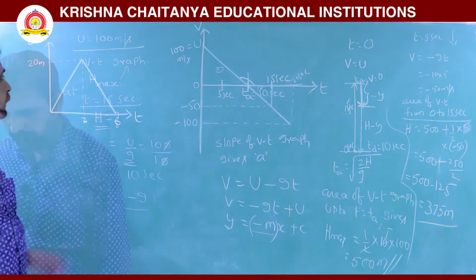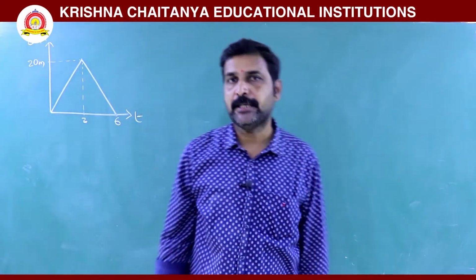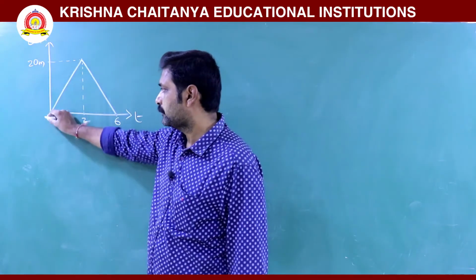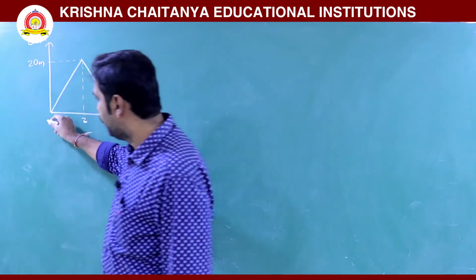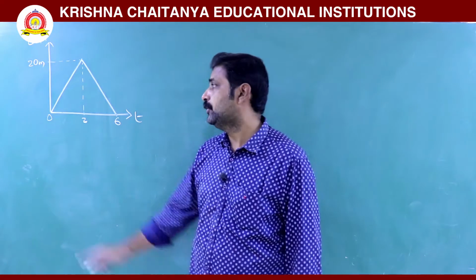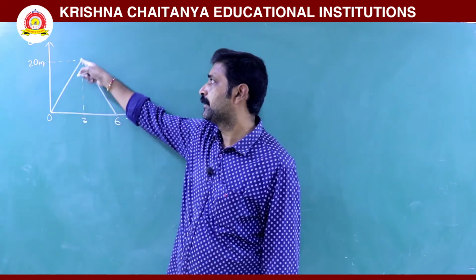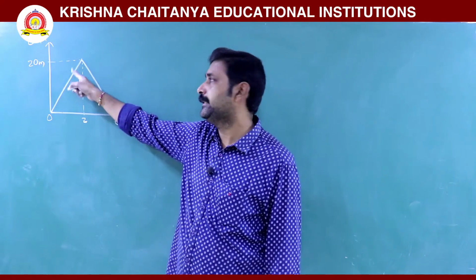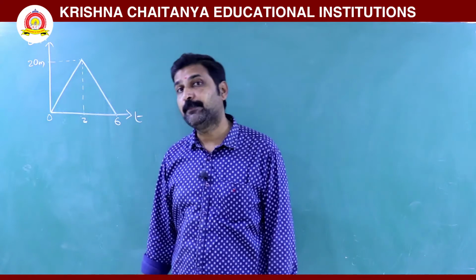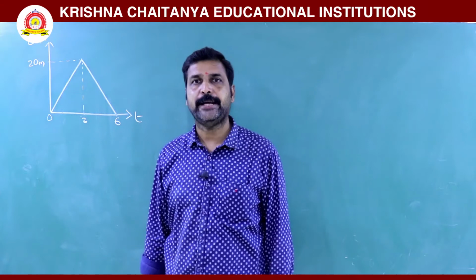Okay. Here is a graph drawn between displacement and time. In this graph, time varies from 0 to 6 seconds. During 0 to 2 seconds, displacement linearly increases with time, and from 2 to 6 seconds displacement linearly decreases with time.